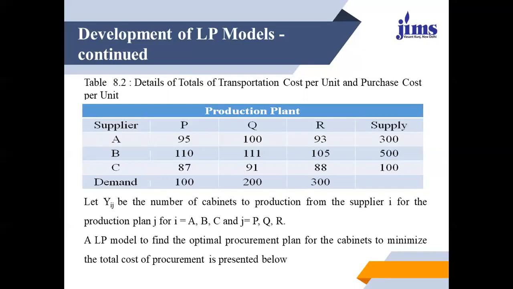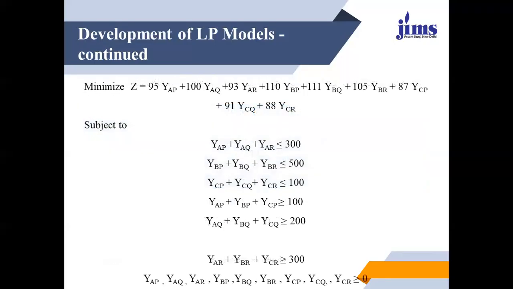Similarly, for this we say 110 YBP, 111 YBQ, 105 YBR, 87 YCP, 91 YCQ, and 88 YCR. So this is the total cost, and we have to minimize this objective function.